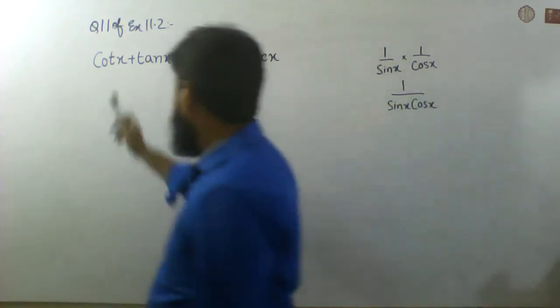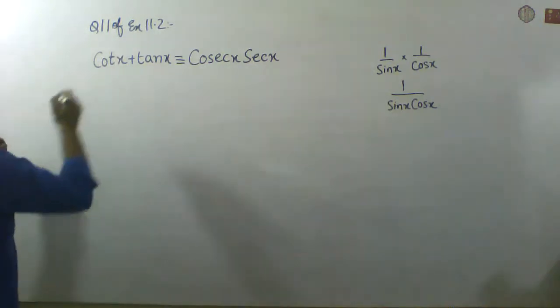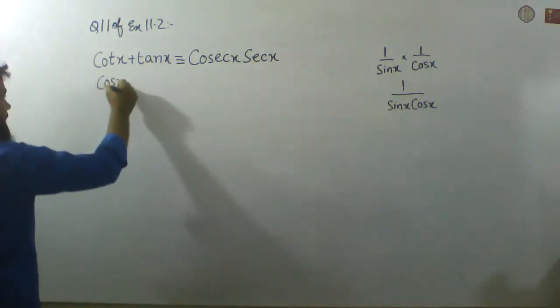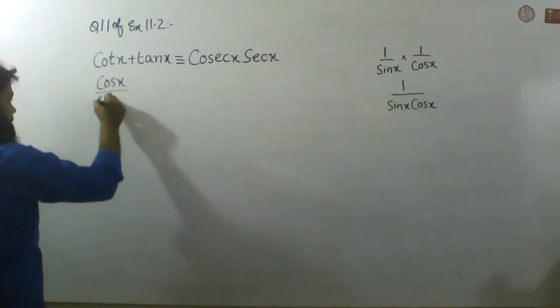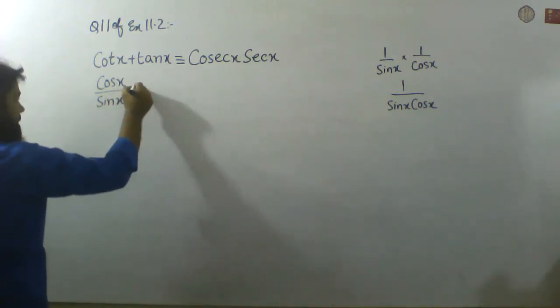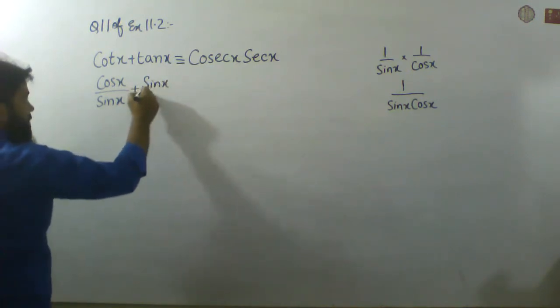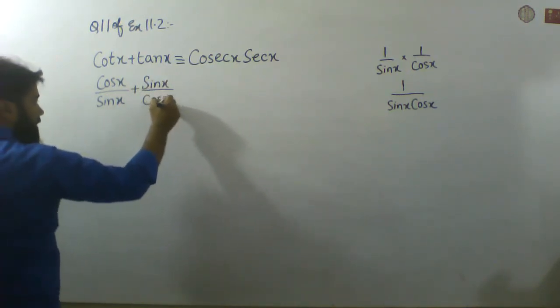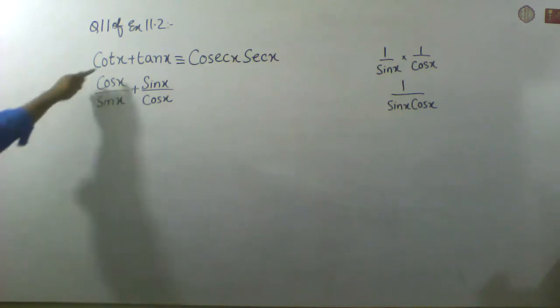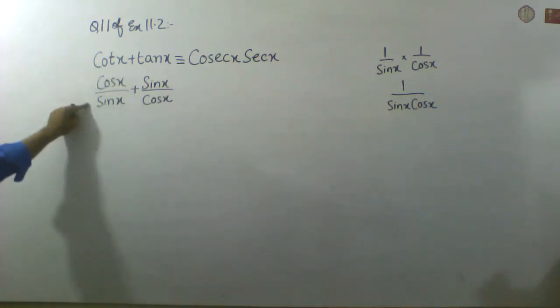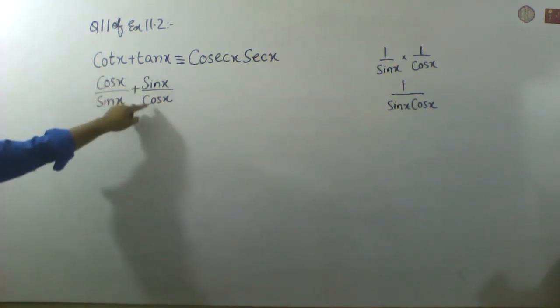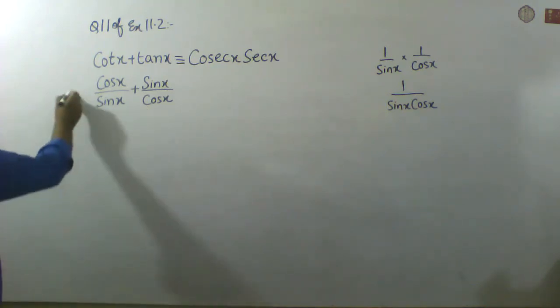So cot x, I can write as cos x over sin x, plus tan x is sin x over cos x. That's my first step.